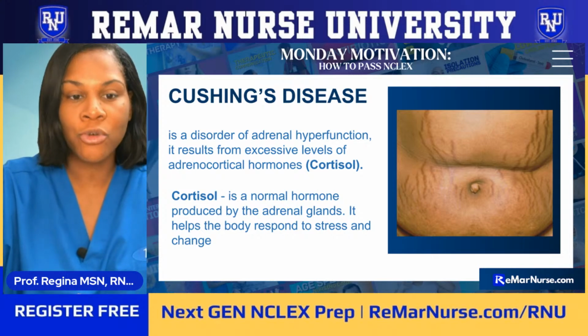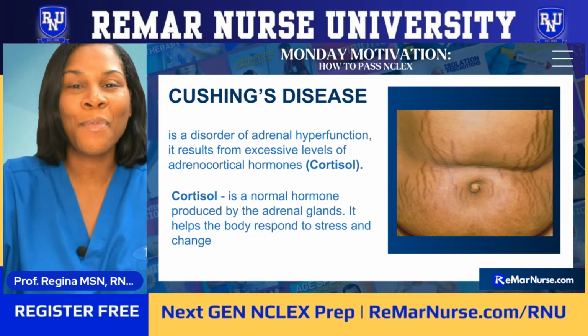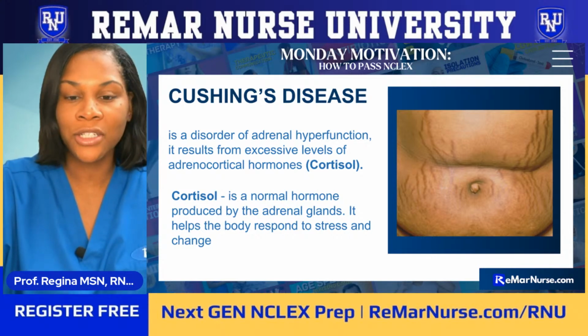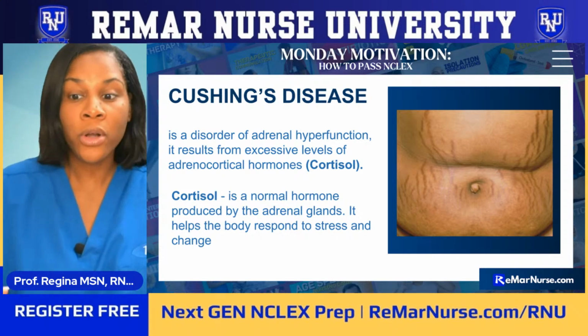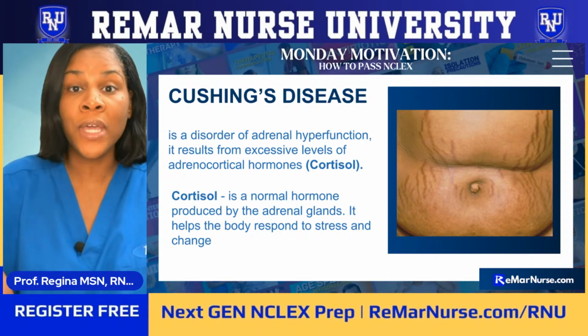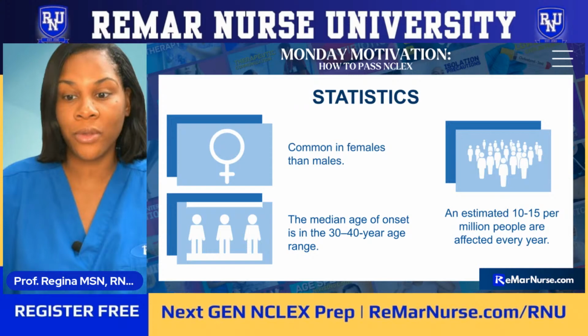Cortisol is a natural hormone produced by the adrenal glands, and it helps the body respond to stress and change. So when you have too much of it, there are some issues that occur, and cortisol can change not only the way you feel, but the way that you look.